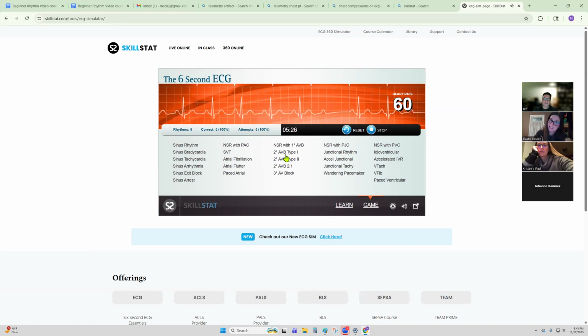It's atrial block. No, you're fine. So the P to P looks like it marches out, right? Right. So there's nothing wrong with the SA node. So the problem is someplace else. So AV node, maybe? Yeah.